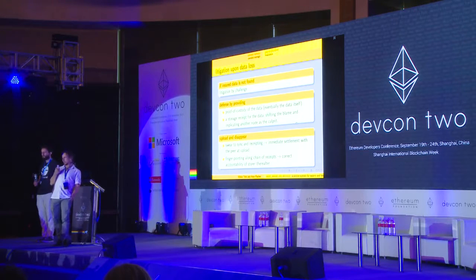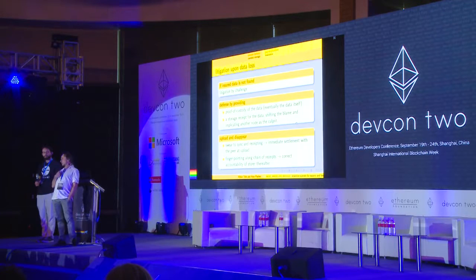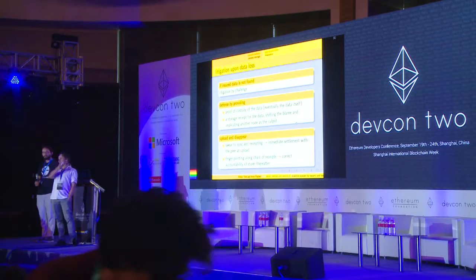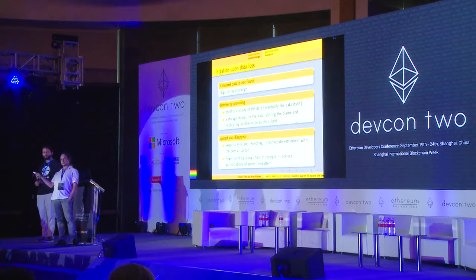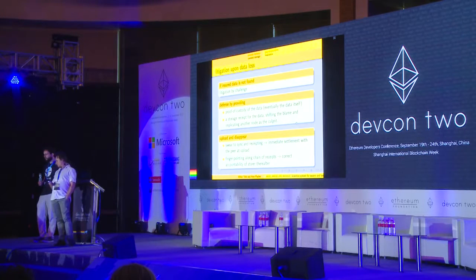Because once your peer gives you the receipt, you can always, at a later point, litigate with that receipt, and you don't need to know who the actual storer was. So it's like going through a series of agents for a babysitter. You actually don't know who the ultimate babysitter is, who takes care of your kid. This pattern makes sure that you have immediate settlement and the correct accountability of the storer simultaneously in the system.